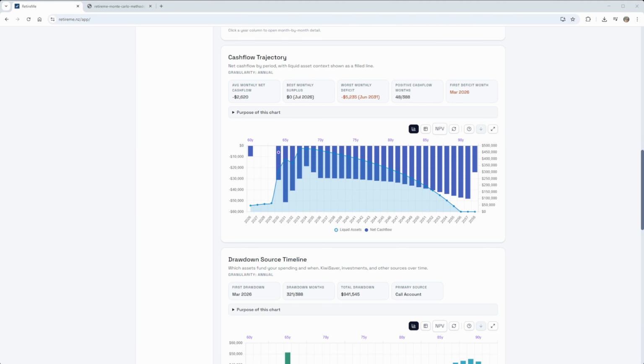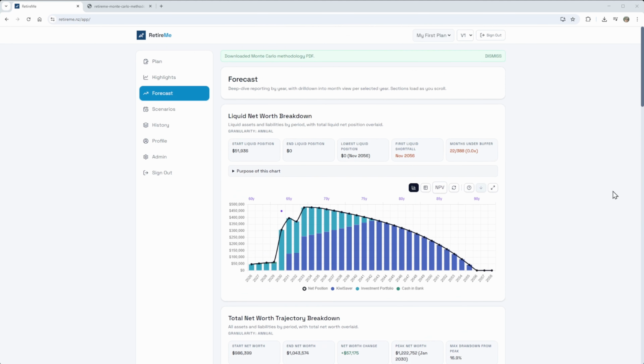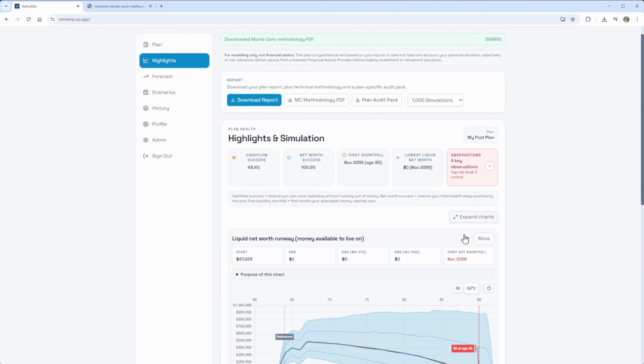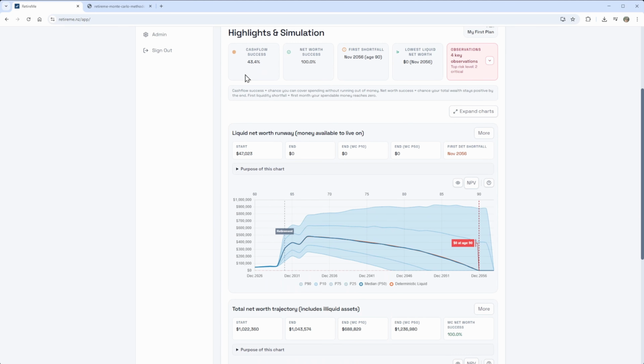Right. So why is it important for your percentages to be high? You'd think that maybe a 50-50 is good enough. Typically it's not. In this case, there's a 43% success rate, and it looks very good, but there's still a real chance that this plan will run out before the eldest retiree is even 80.